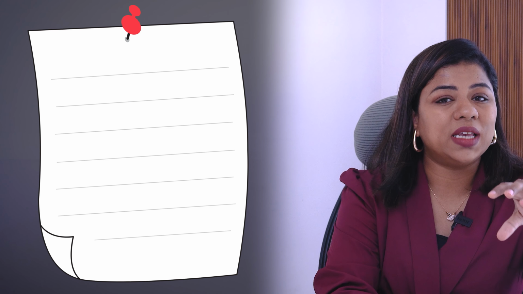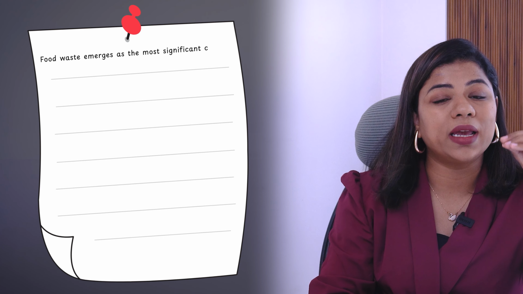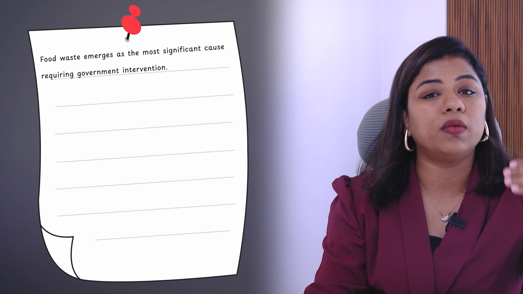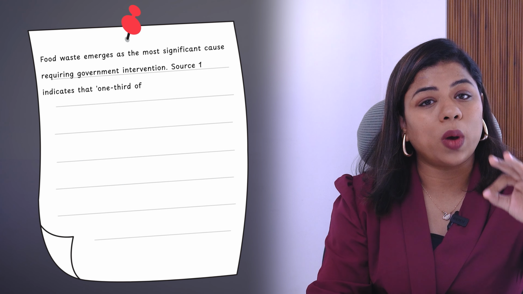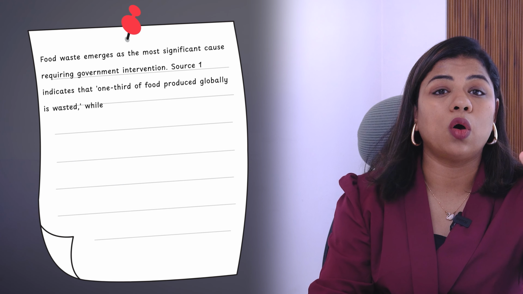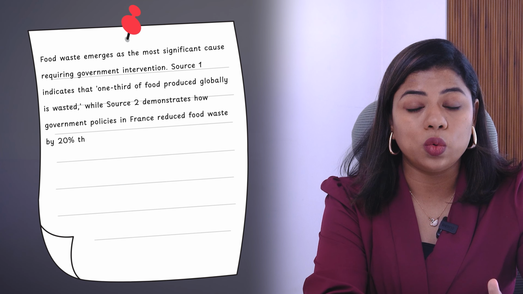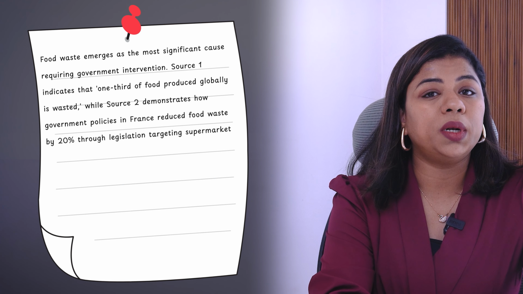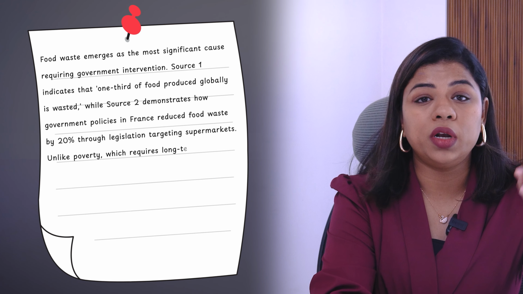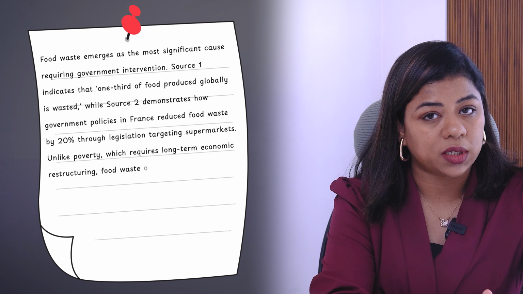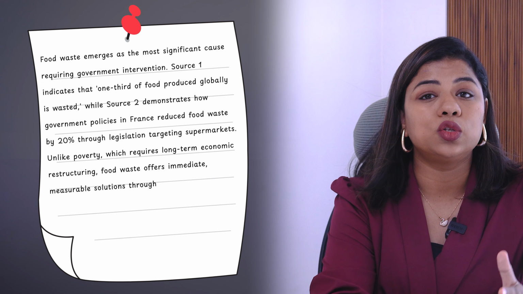Now here's what Marcus wrote in his final exam after understanding the level system. He wrote, food waste emerges as the most significant cause requiring government interventions. Source 1 indicates that 1/3 of food produced globally is wasted, while source 2 demonstrates how government policies in France reduced food wastage by 20% through legislation targeting supermarkets.